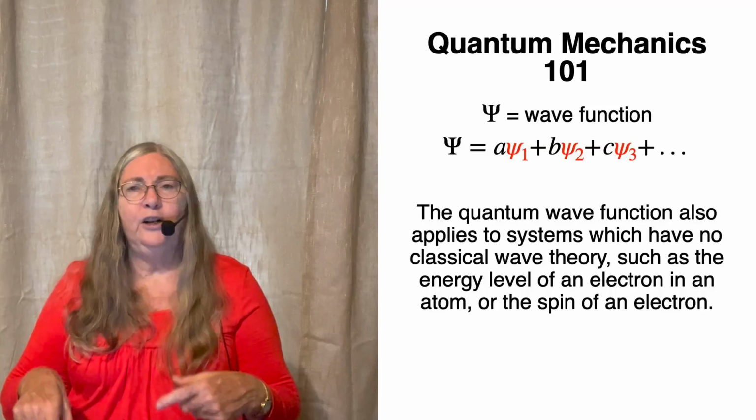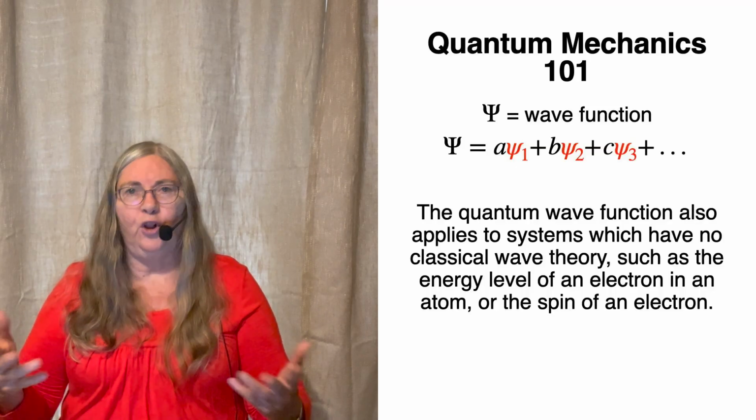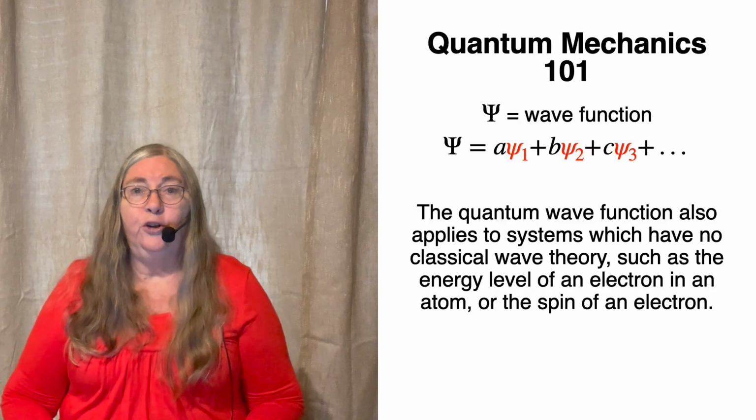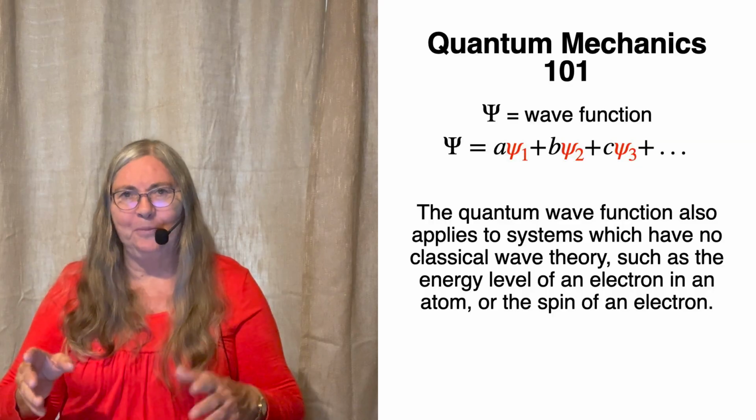What's different about quantum mechanics is that every system has a wave function. That includes a lot of things that we don't think of as having any kind of classical wave theory. It could be the energy level of an electron in an atom, or the spin of an electron. Now, different people describe this process in different ways. Some people say no, the wave function doesn't collapse.